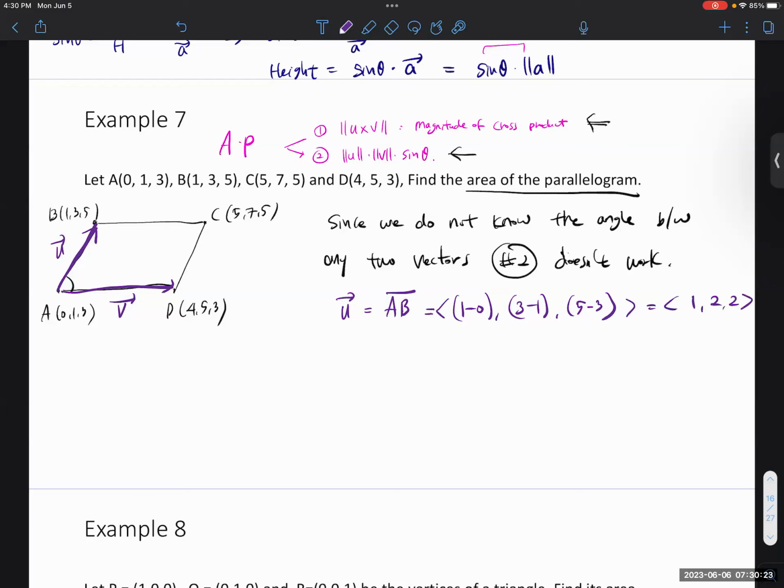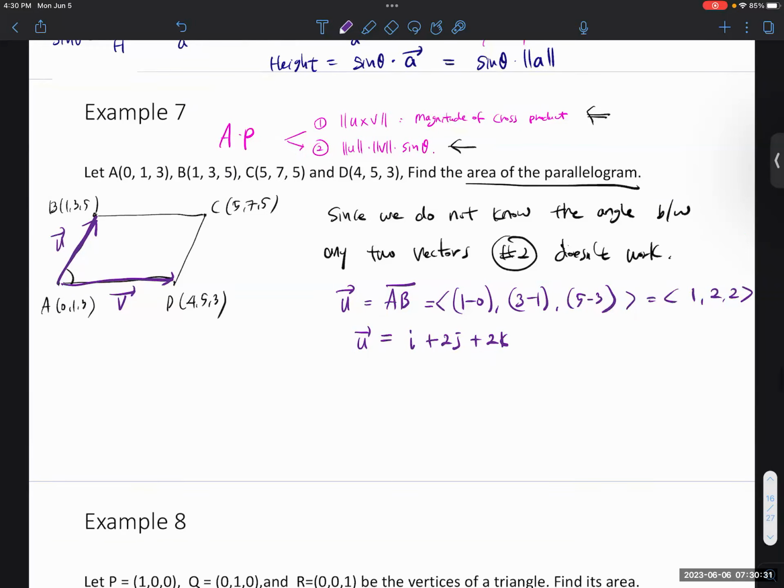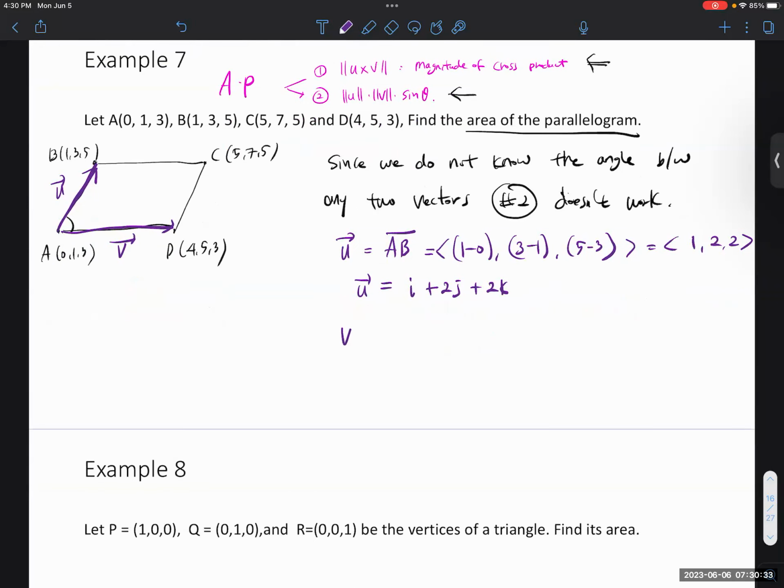So we have U vector is 1i plus 2j plus 2k. So this is the U vector we found out. Same thing, I want to find out the V vector, which is the length between A and D. So 4 minus 0, comma, 5 minus 1, and then 3 minus 3. So which is 4, 4, 0. So the V vector is 4i plus 4j, because the 0 is a 0.